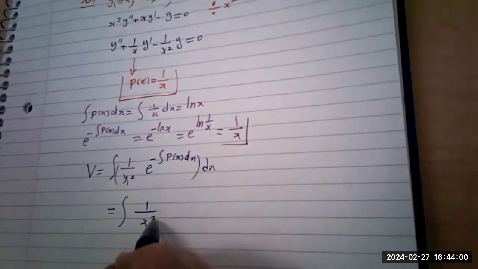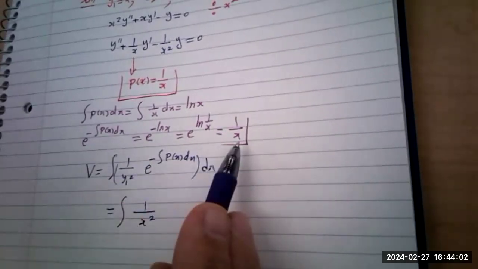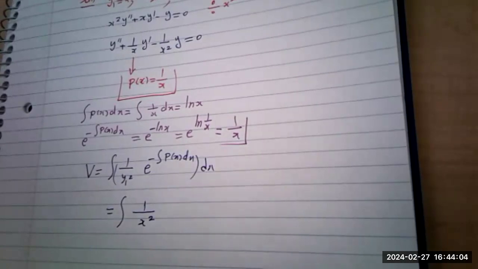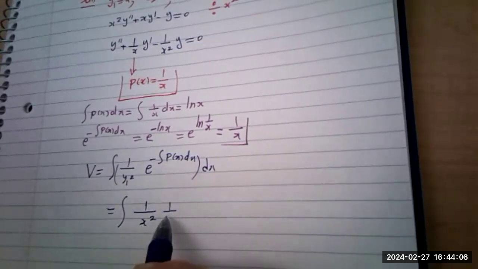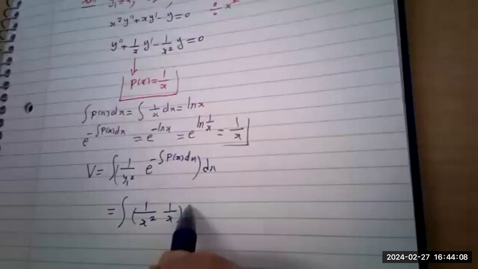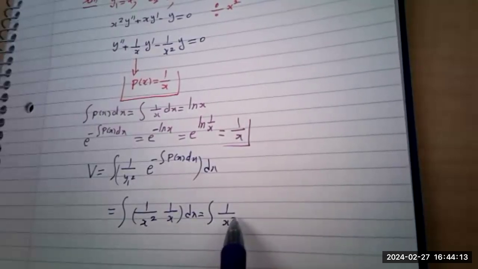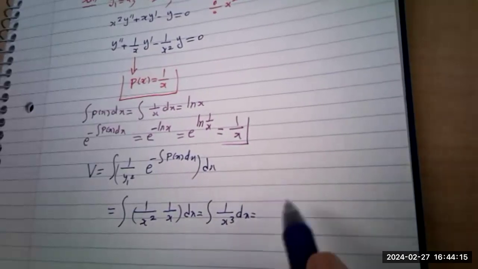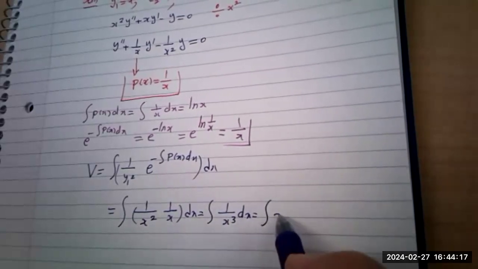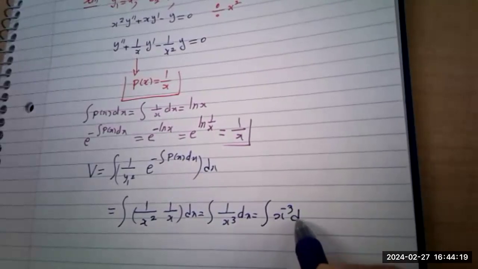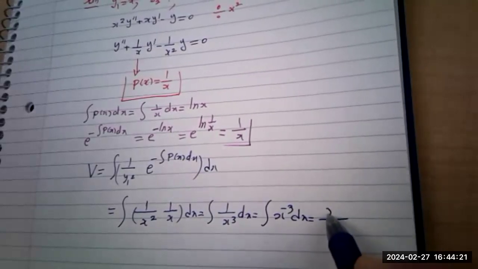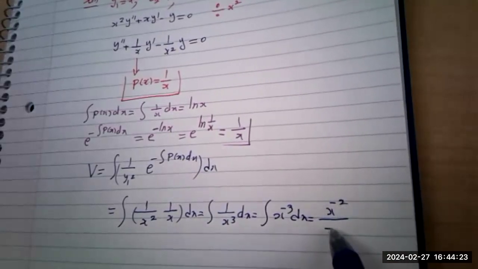This e part, you already simplified, it's 1 over x. So it's the integral of 1 over x cubed dx. You move it up: x to the negative 3 dx. So it's going to be x to the negative 2 over negative 2.